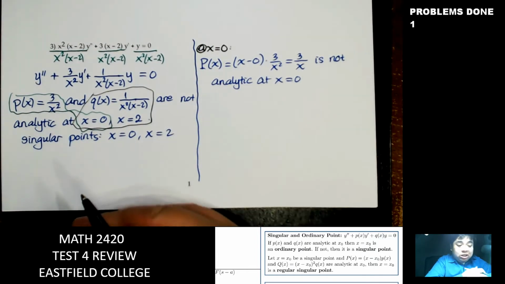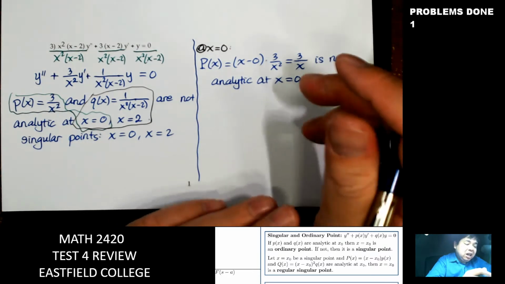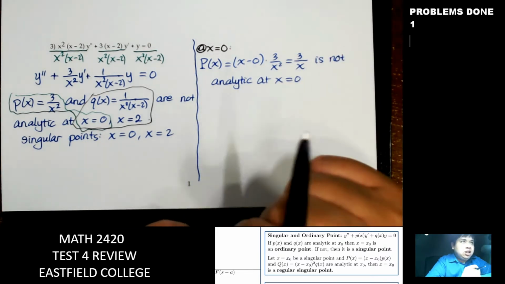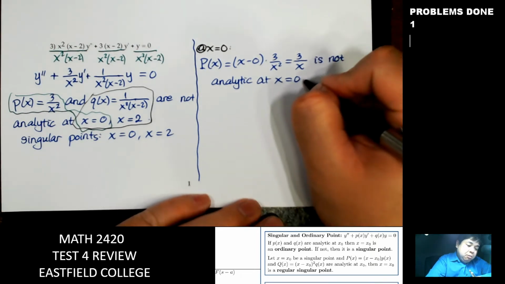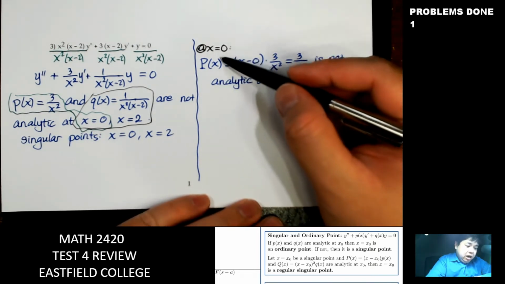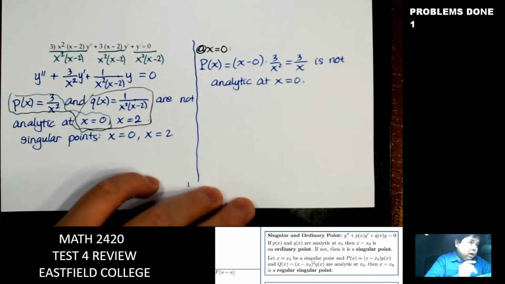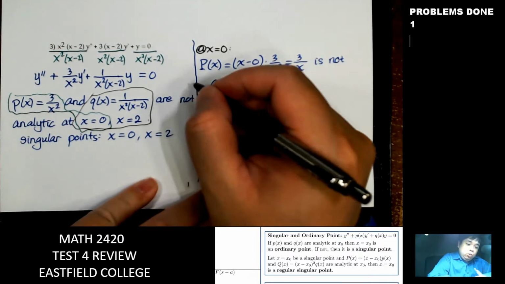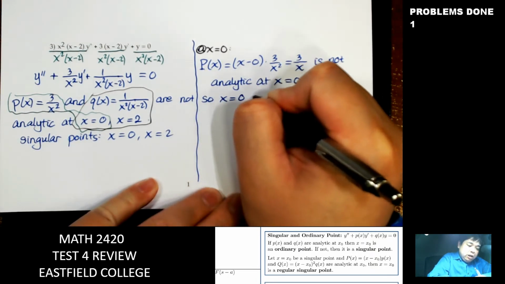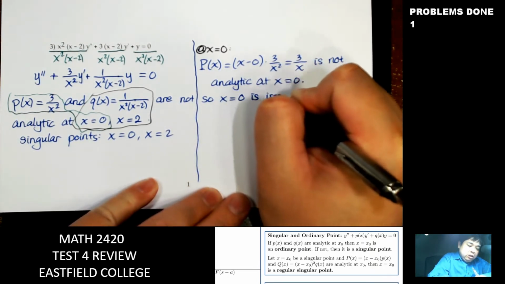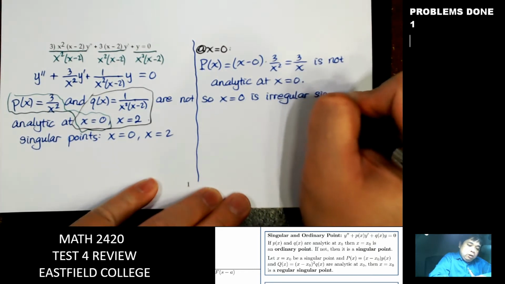Or we can also say that this function capital P of x is analytic everywhere except for x equal to 0. That is also acceptable. But regardless, when x equal to 0, this is undefined, not analytic, and one of them not analytic, so we can say that x equal to 0 is an irregular singular point.